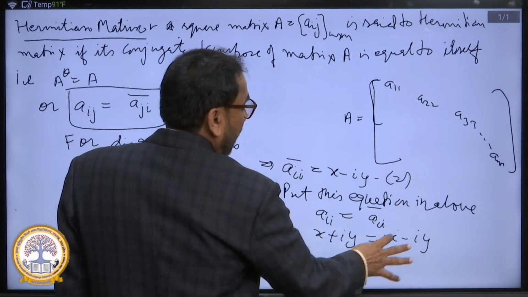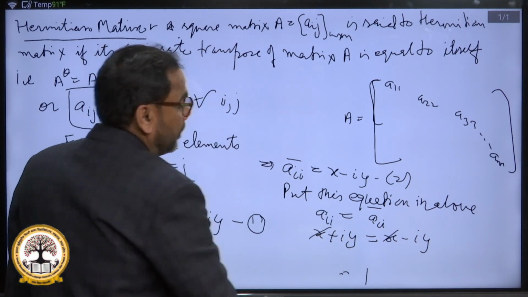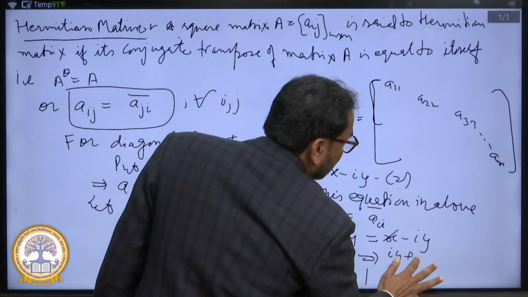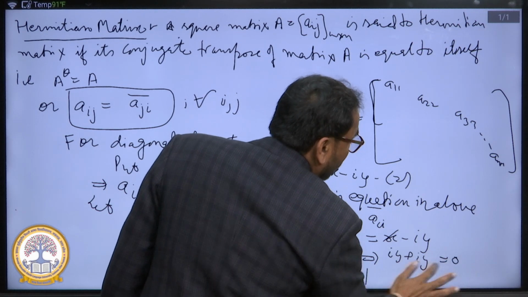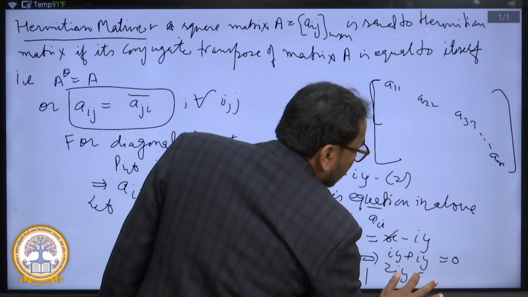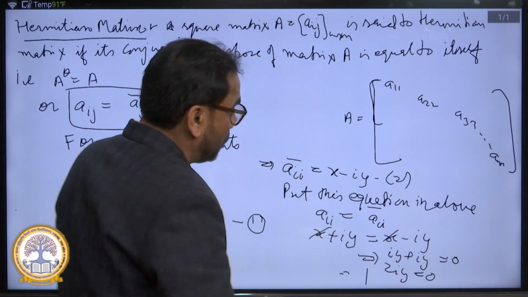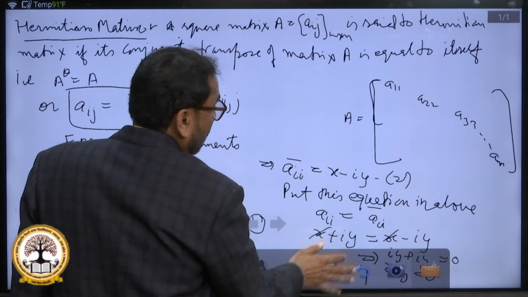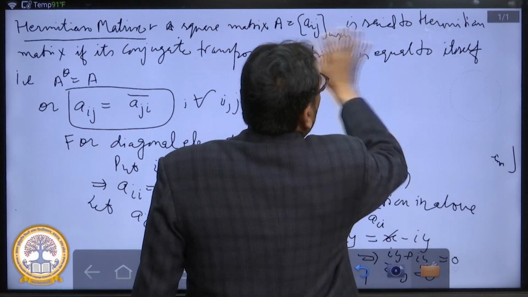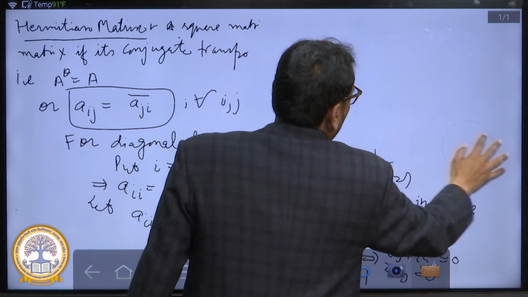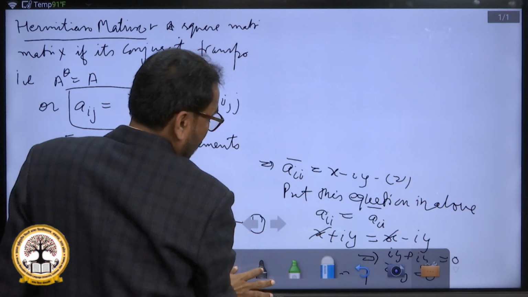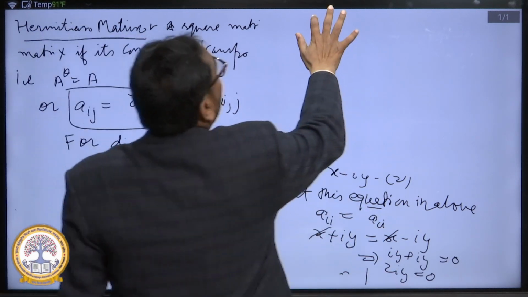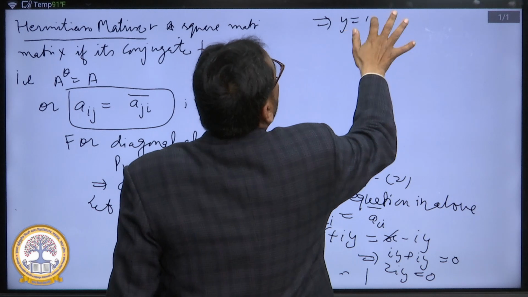So here x is cancelled out. It implies that iy plus iy is equal to 0, 2iy is equal to 0, iy is equal to 0, which implies that y is equal to 0.